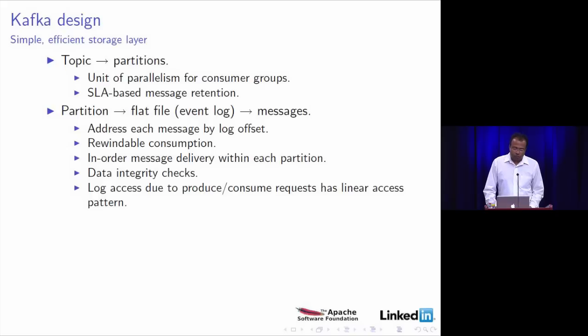Another point is that when consumers issue fetch requests, it effectively translates to linear scans over these files. And producers, when they send their messages, these messages are just appended to the end of the file. So the access pattern is very linear.